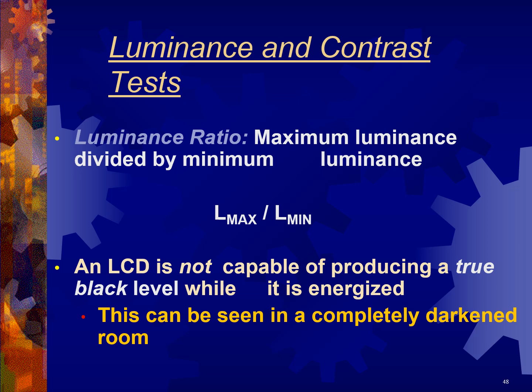Okay, luminance ratio is the luminance of maximum, which is bright white, versus the luminance of black. Remember, the LCD cannot produce a true black while it's energized because it's always backlit, so there's always some light coming through the monitor.